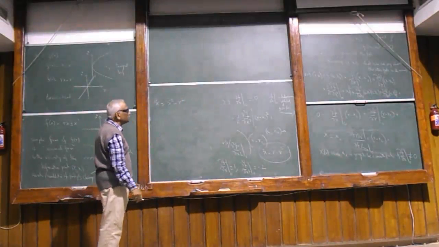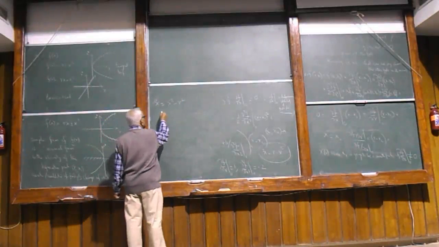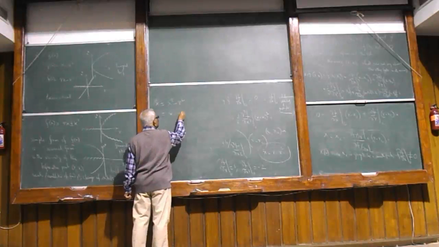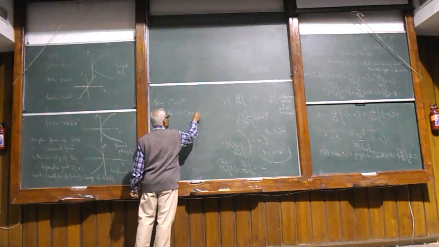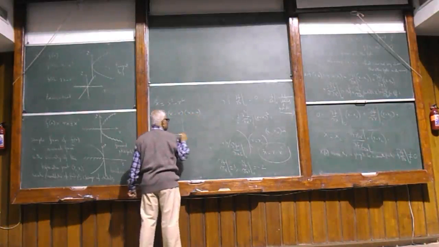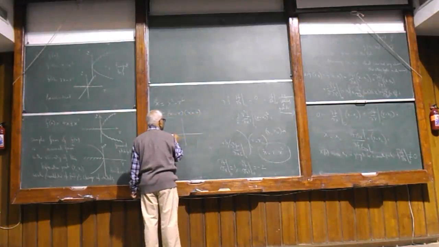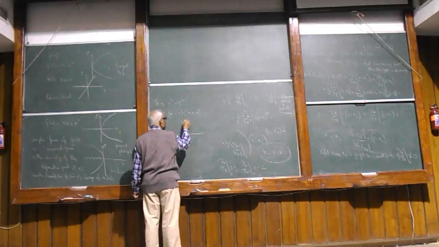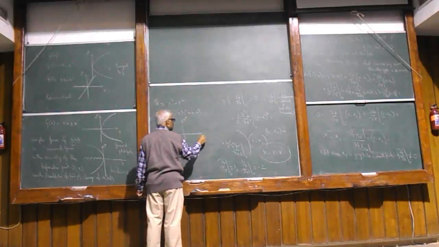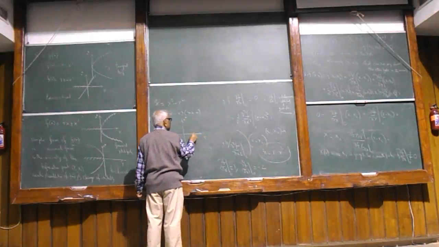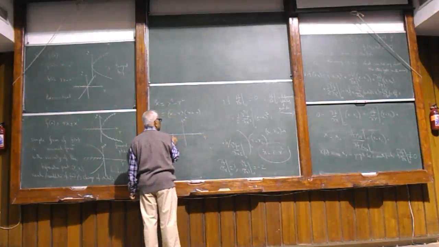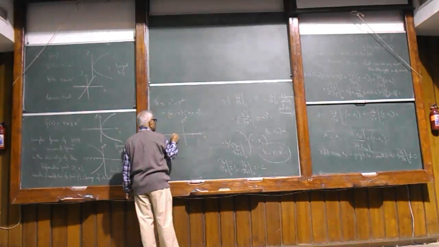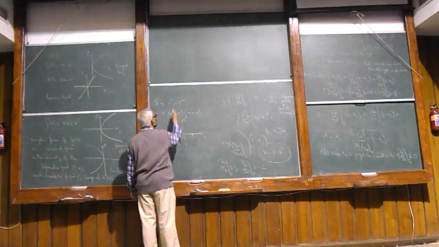That's the structure which you would be picking up. So it is x minus r into x plus r, and so your two fixed points are one at plus r, another at minus r.